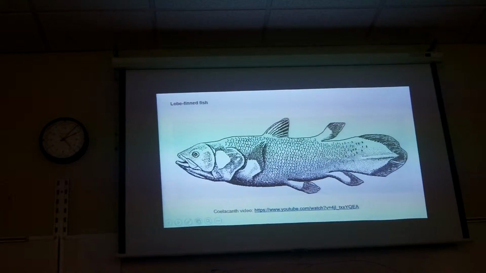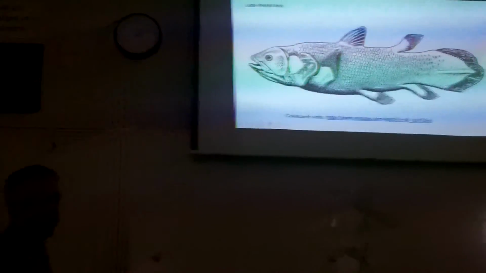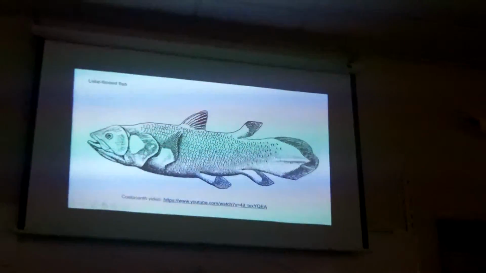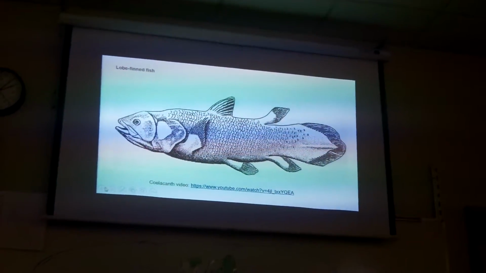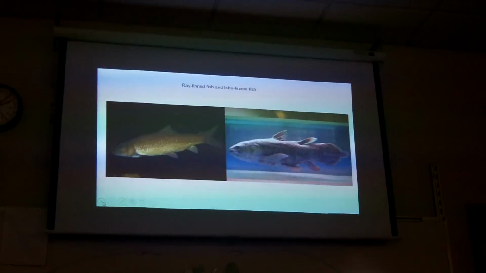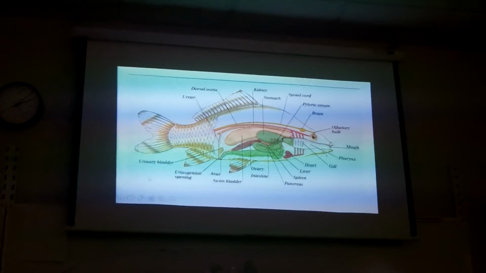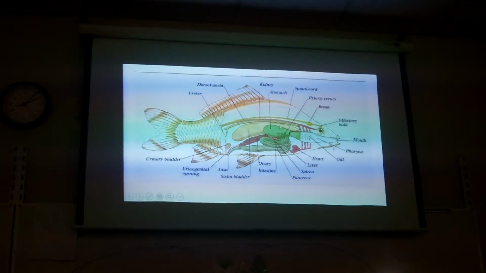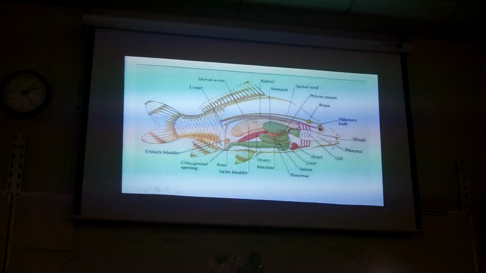And it's some of these lobe-finned fish that actually crawled out of the ocean and onto the land. And they evolved lungs. Can you guess what they evolved the lung from? Their swim bladder. This swim bladder right here, if you think about it, is a big container of oxygen inside the body.